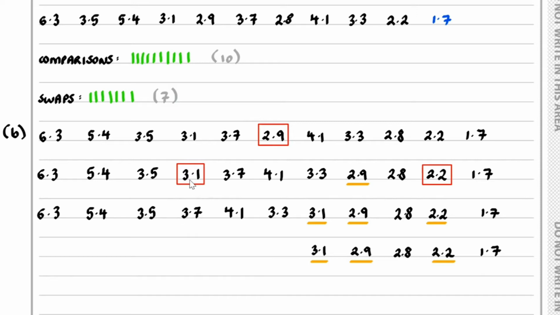So the 3.7 is our pivot. 6.3 is larger than 3.7. 5.4 is larger than 3.7. 3.5 is smaller than 3.7.